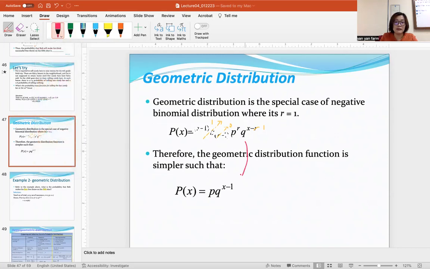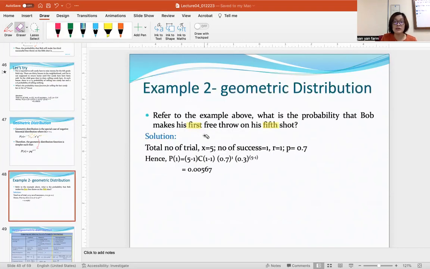Is that okay? Because r is equal to 1, therefore x minus 1. And therefore you can have this equation. It's quite straightforward. Okay, so the geometric, like I mentioned to you, the first example, the Bob example: what is the probability that Bob makes the first 3-point throw on the 5th throw?